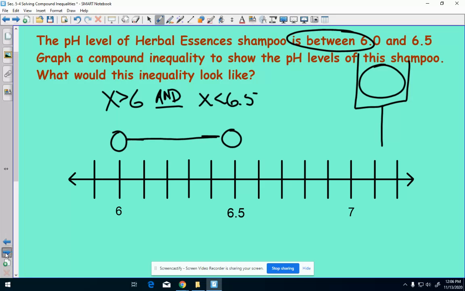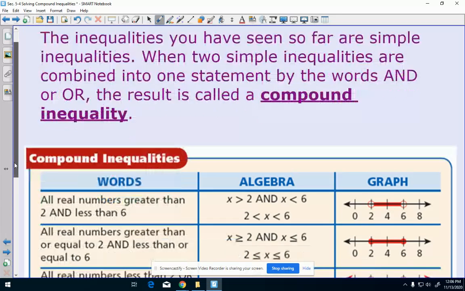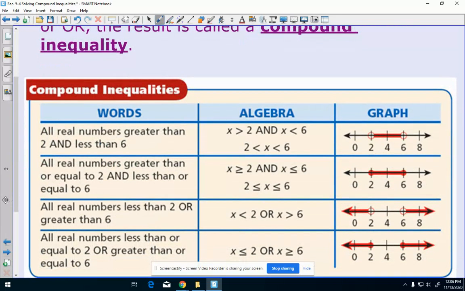Okay. And so when you graph inequalities, there are a couple options of how they can look. Okay. So if you look at this here, when we use the word and, we will expect to cover the area in between two values. When we use the word or, we will expect that we're looking for one option or the other.